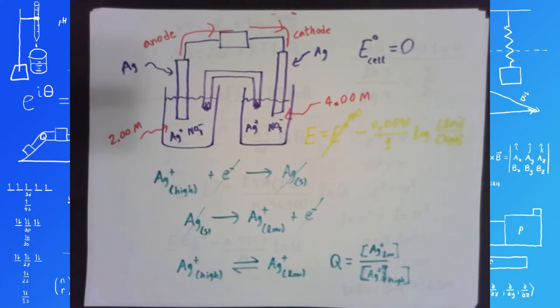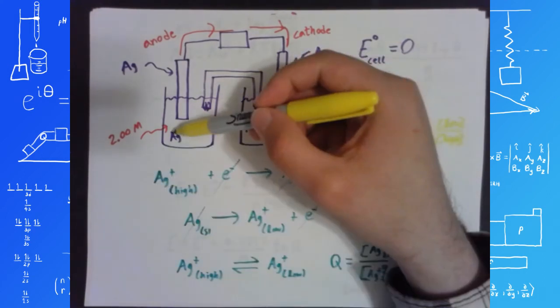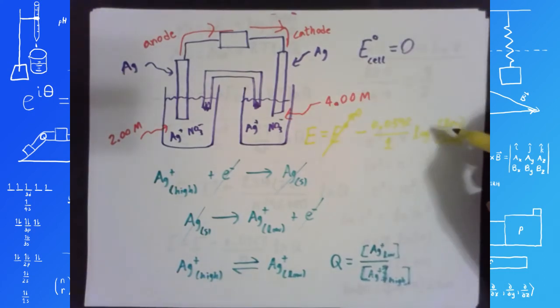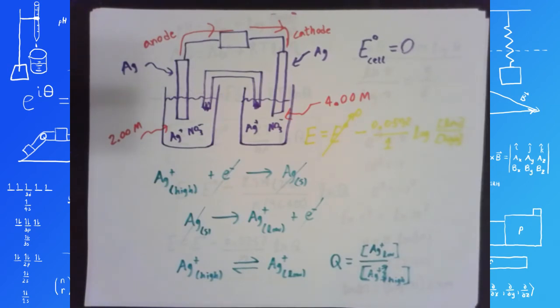So let's see, the low concentration starts at 2 and the high concentration starts at 4, so that's log of 2 over 4, or log of 1/2, negative 0.0592 over 1 times log of 0.500. Oh, let me do the log first. So log of 0.500, that's 3 sig figs, so 3 decimal places. That's negative 0.301.